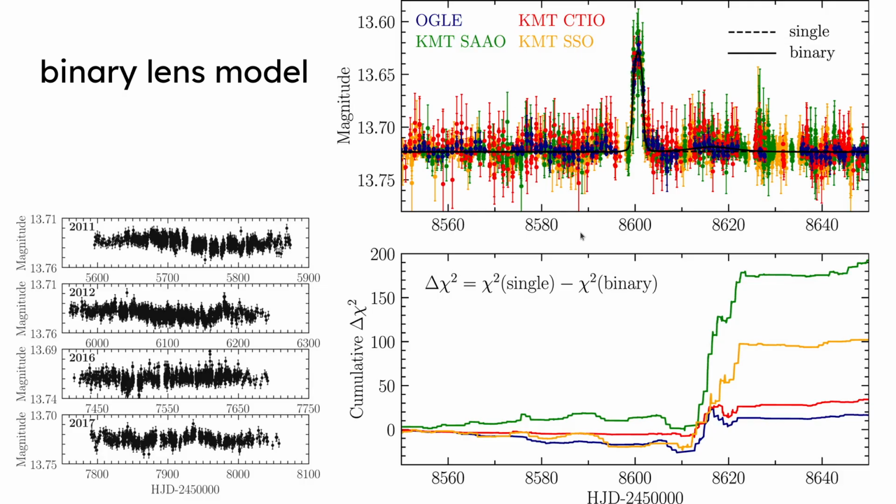And so they tried fitting that, and what they got is that they did get a better fit overall because of this bump. And you can see in the data that it seems like there is indeed some kind of bump.